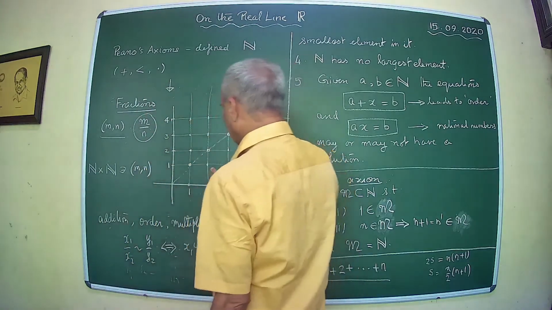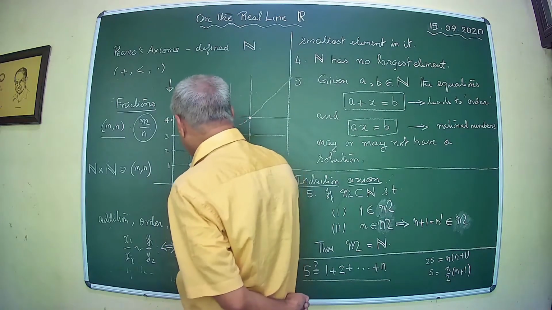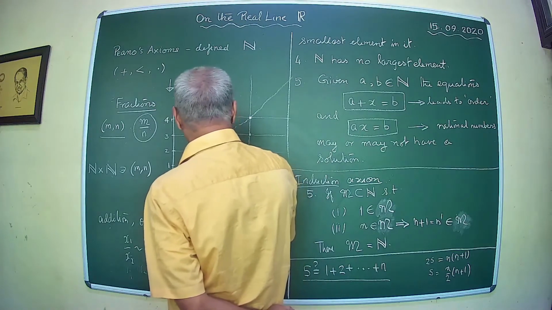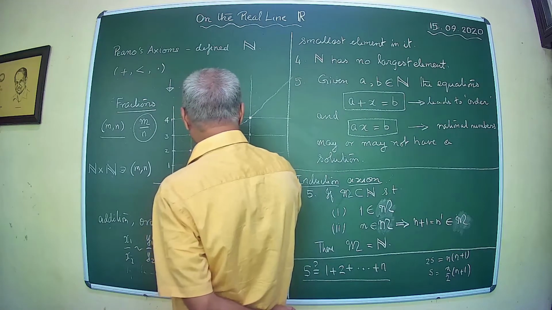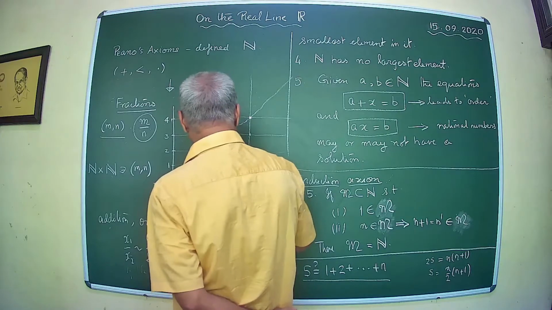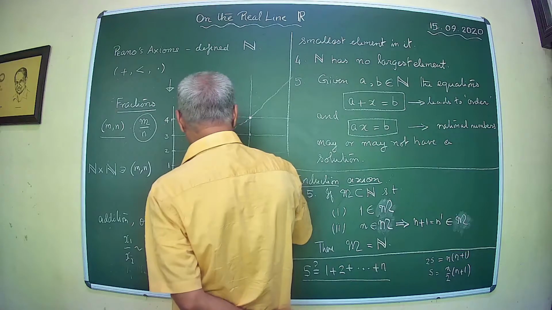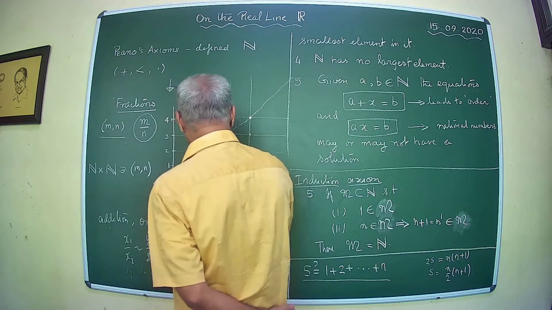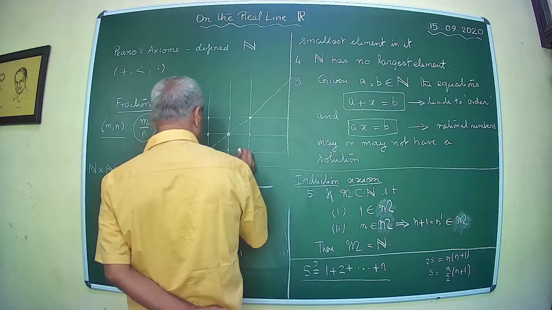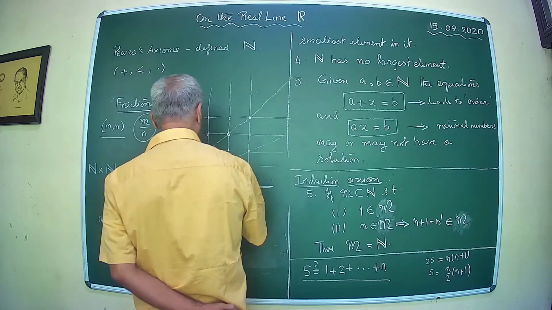Now if you take this point, what is it? It's actually 2 1. 2 1 is related to 4 2, etc. Now you see that the radial line that joins the origin with 2 1 passes through this.